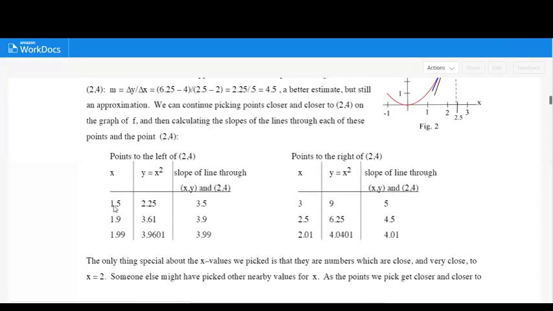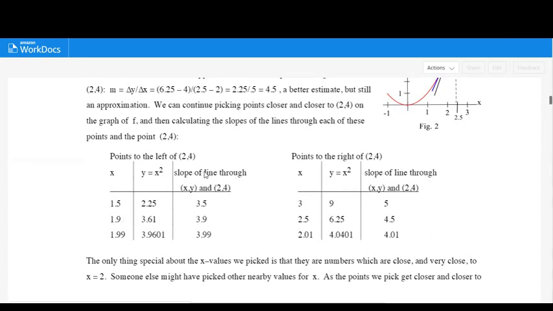Okay, so kumbaga, you can pick (1.5, 2.25), (1.9, 3.61), (1.99, 3.9601). So itong mga nandito, nasa left siya ni (2, 4). And then ito naman nandito, nasa right ni (2, 4). Okay, so if you are to compute the slopes using this, so ito yung mga sagot nila.